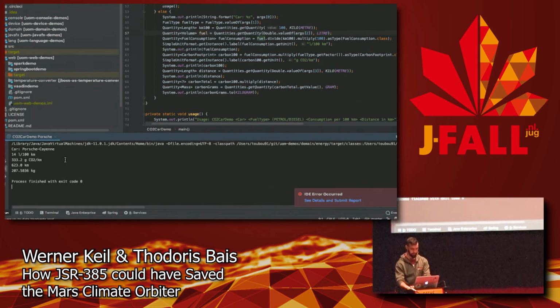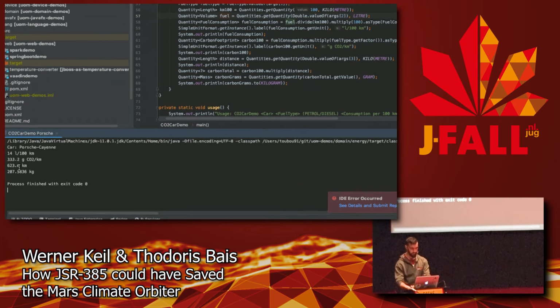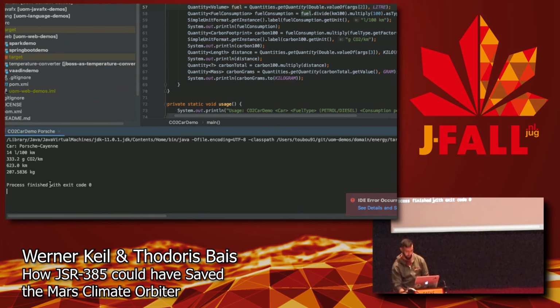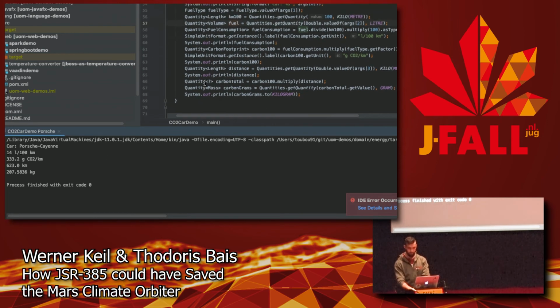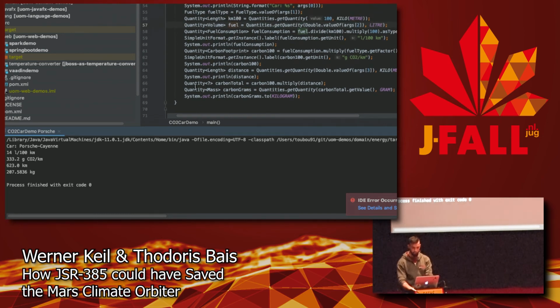Here we have a particular distance like 600 kilometers using a Porsche Cayenne. The 14 liters per 100 kilometers is the average fuel consumption. There are also certain differences: if you're only driving in a city, it may be higher. If you're driving at a constant speed, then it's usually not that high.